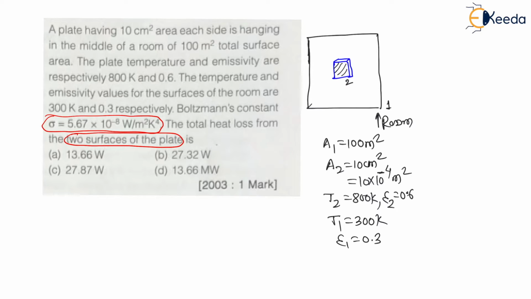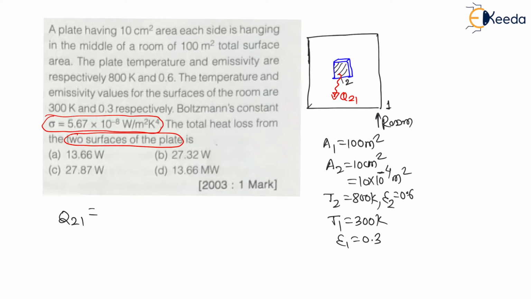Therefore, my dear students, the question is the heat loss from the plate to the wall. The plate is at high temperature, therefore they are asking Q2 to 1. This is the question. And we know that Q2 to 1 is nothing but, sorry, here 2 to 1 we are calculating.